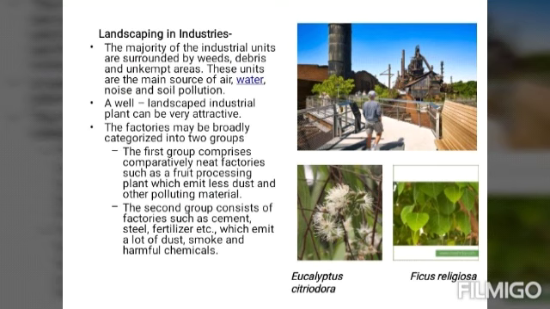And then people get different kinds of diseases, right? So that's why you have to maintain cleanliness, and plus you have to plant flowers and trees to control the ecosystem or the environment.